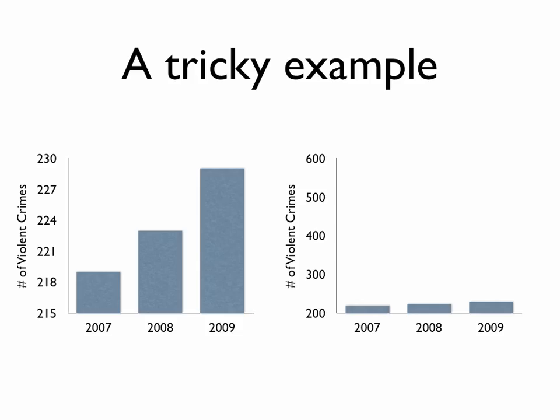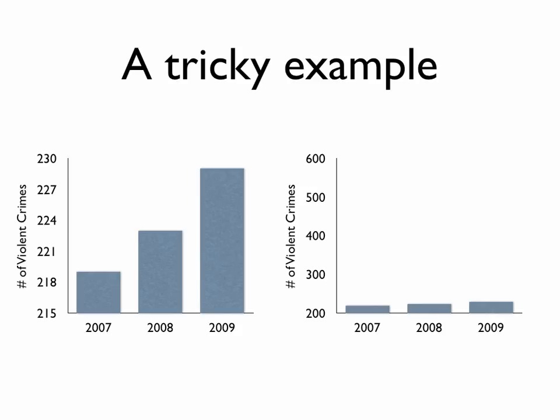Take a look at this graph to the left. What we see is a large increase in the number of major felonies or major violent crimes over those 3 years. Now look at the graph to the right, and there's really just small increases, barely even noticeable increases over those same 3 years. So maybe the data were taken from different cities, or maybe different types of crimes were being considered.